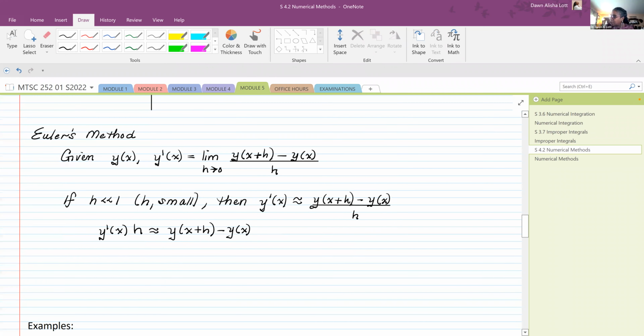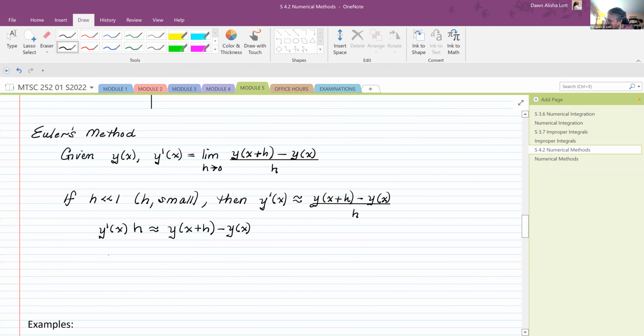So now when I solve for y of x plus h, I get y of x plus h is approximately y of x plus h times y prime.